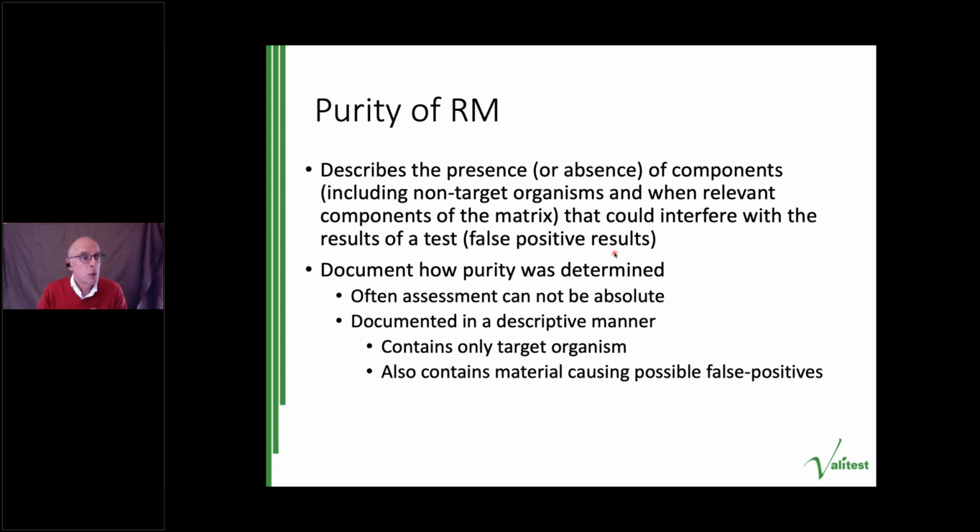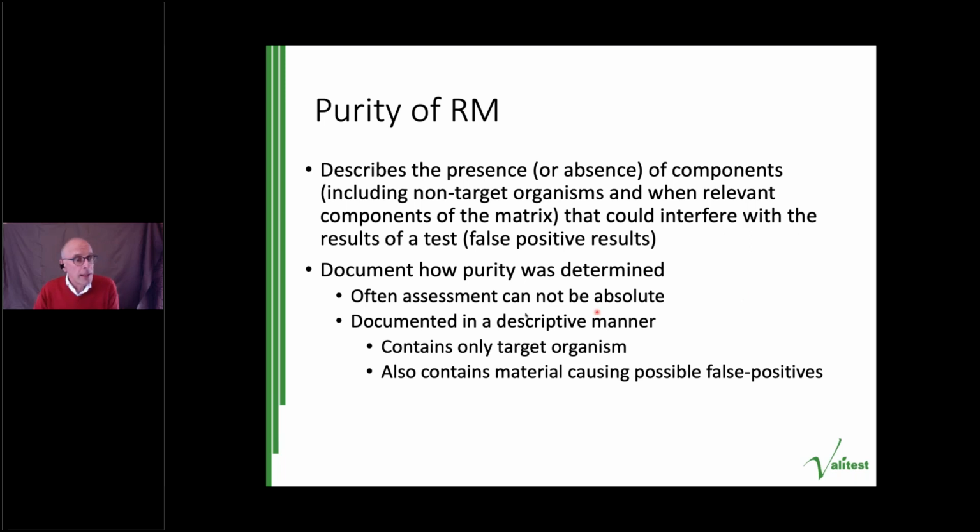But it's very important that if you produce reference material and you want to describe the purity, it should be really well documented how that purity was determined. In many cases, the assessment cannot be absolute. Are you 100% sure that there are no other target organisms in there? To what length do you need to go?